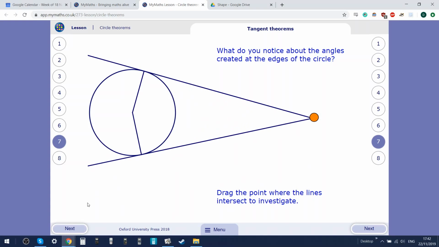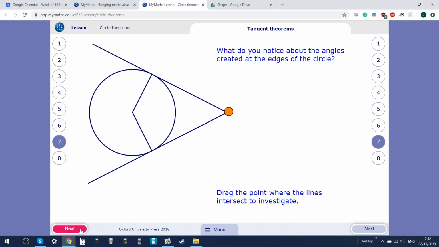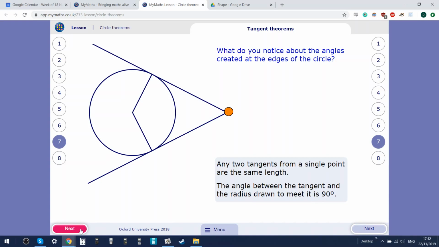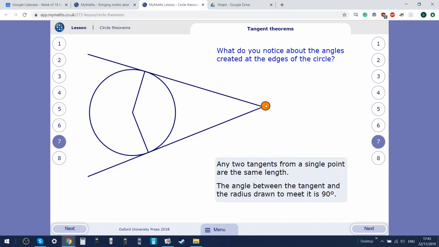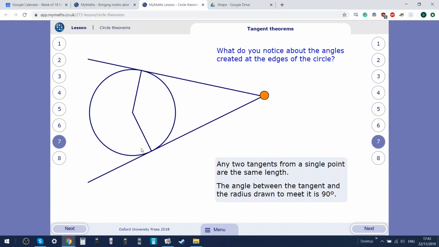So we drag this point, and so basically a tangent always intersects a radius at 90 degrees. Is that what this one is? Any two tangents from a single point are the same length, so the angle between the tangent and the radius drawn is 90 degrees. So that's always a 90 degree angle between the tangent and the radius. That's 90, that's 90.